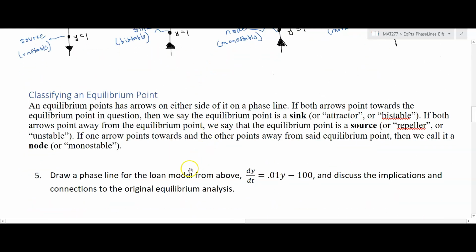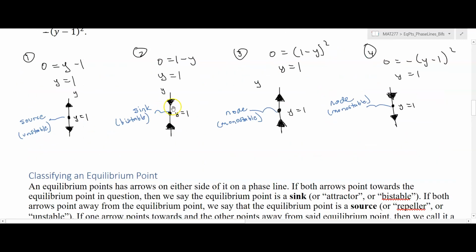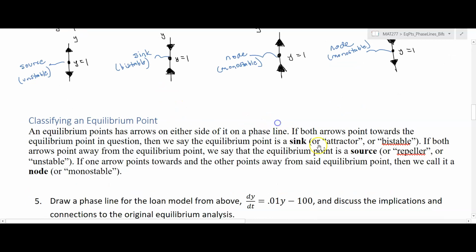Now, we just described classifying an equilibrium point, and we could classify them as a sink. Depending on what discipline you're in, sometimes people use the word attractor, because this is sort of attracting, it's like sucking all the solutions into it, or bistable. If both arrows point away from the equilibrium point, we say that the equilibrium point is a source, and that was this situation here.